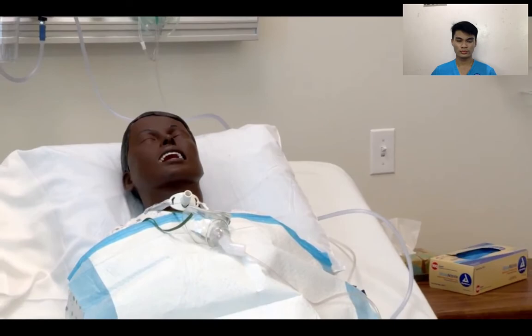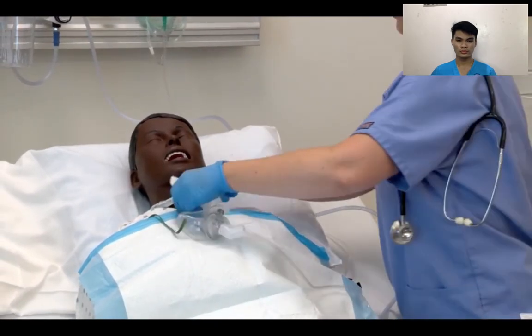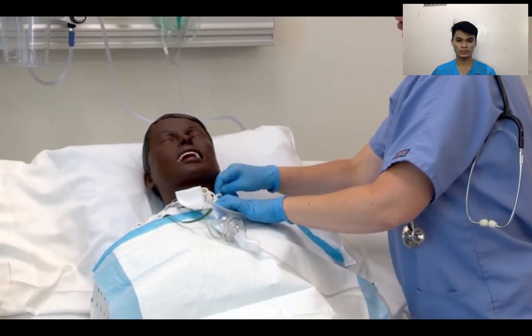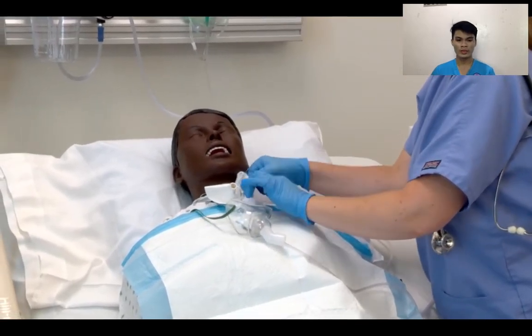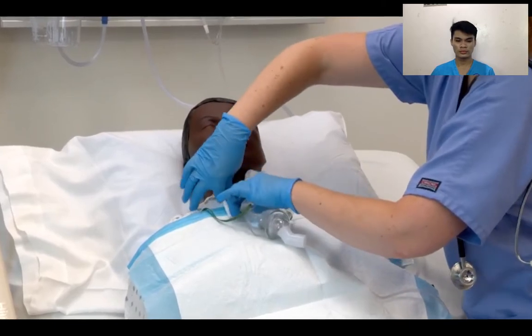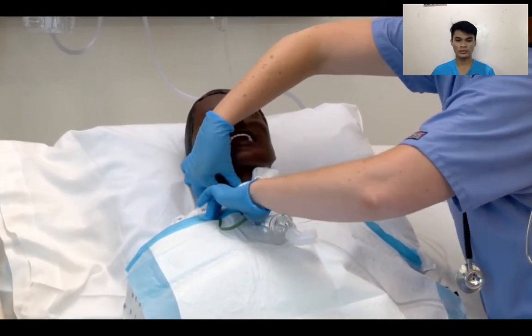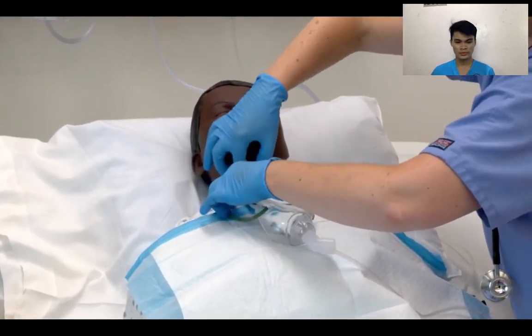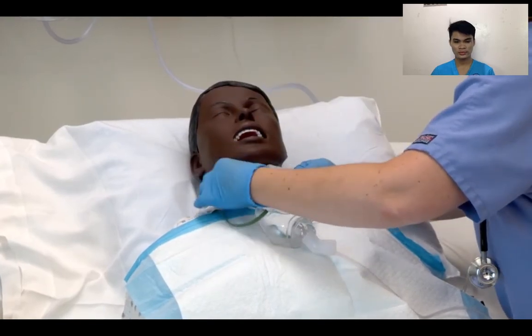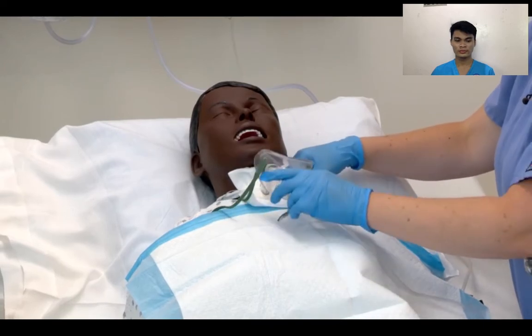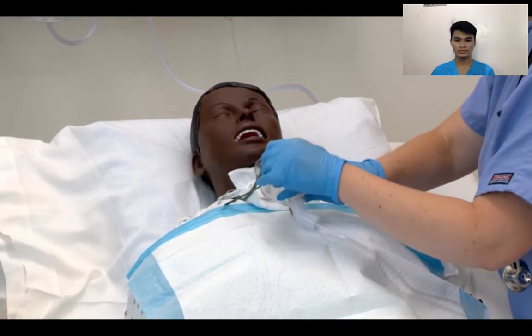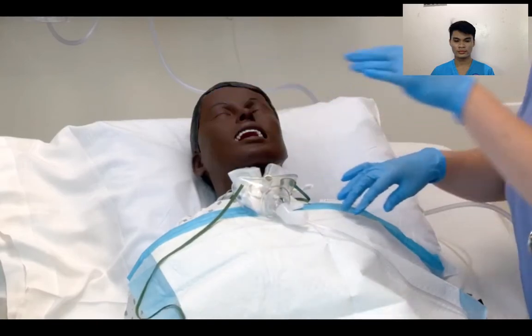Now I'll apply the clean gauze. This is to catch any secretions if the patient happens to cough up on their own. Alright, and then you also want to make sure that the trach ties are about one finger's width so that they're not too tight but tight enough to keep the trach in place.